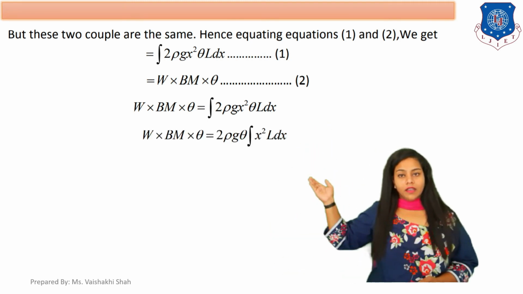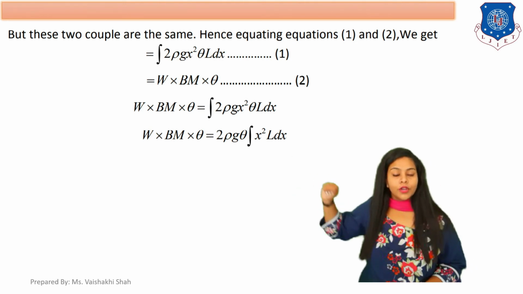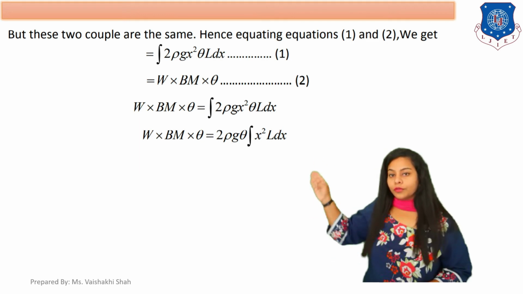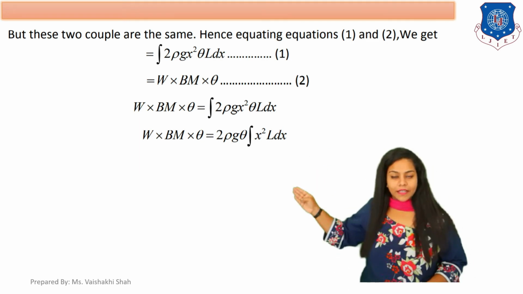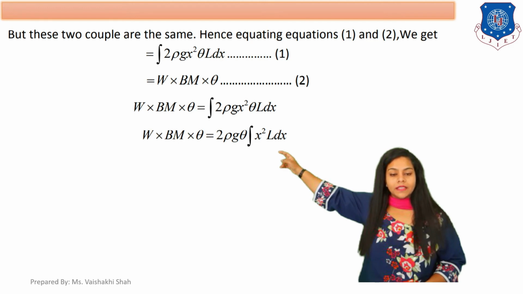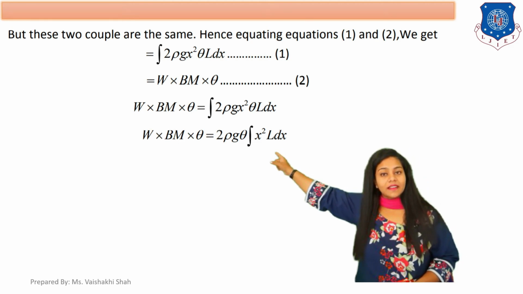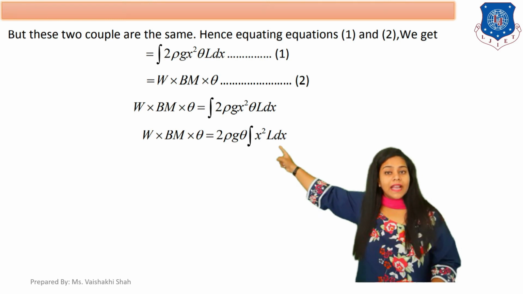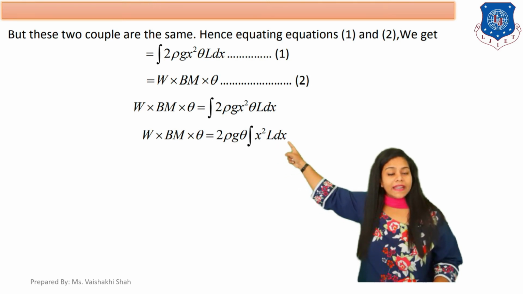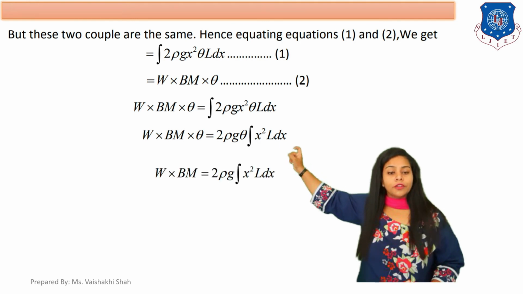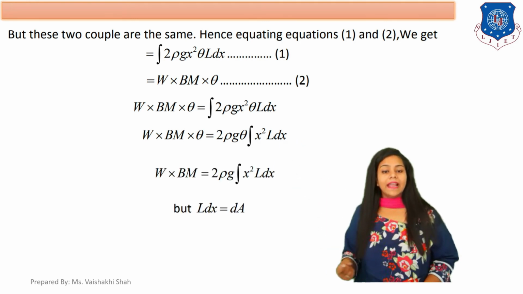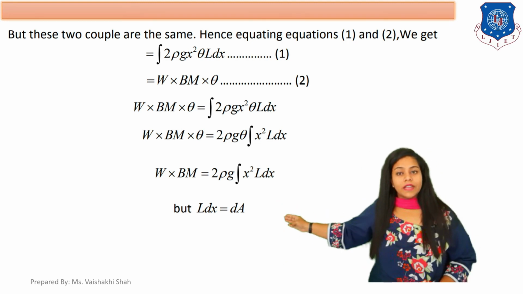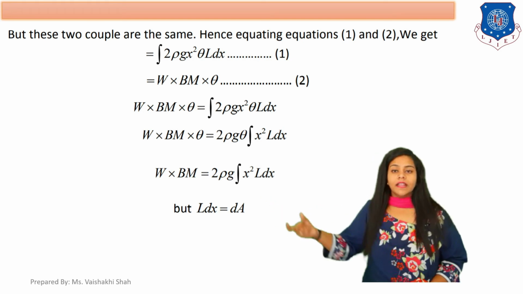Now in W Bm theta equals 2 rho g integration x square L dx, rho, g and theta are constants. What is L here? Length. And what is dx? Width. L is the length of the strip and dx is the width of the strip, so L into dx is length into width, that is your area.